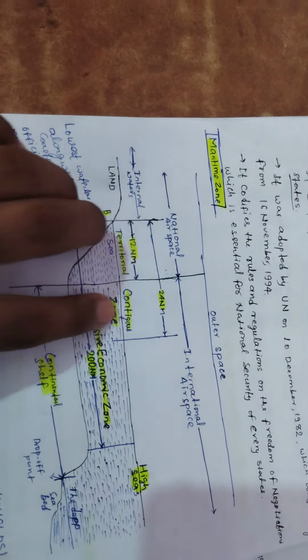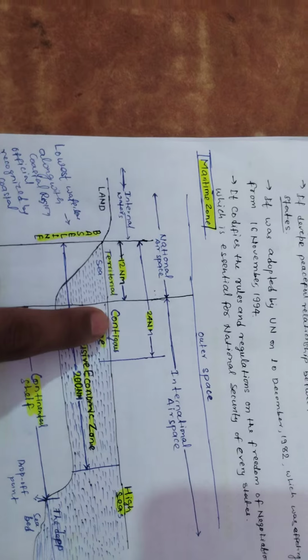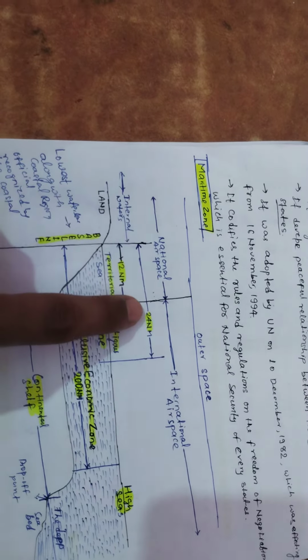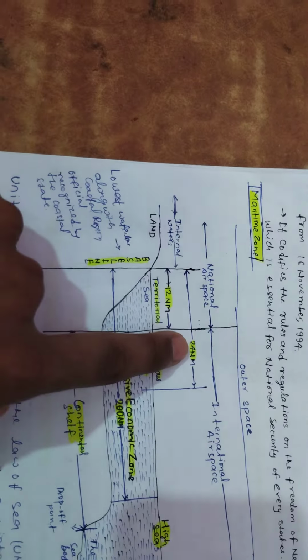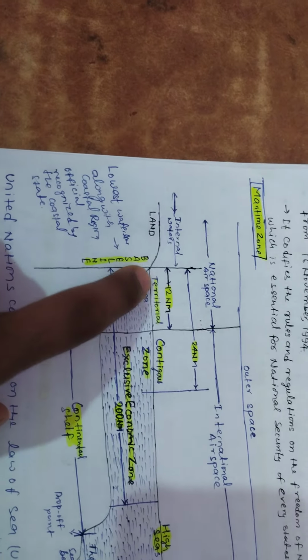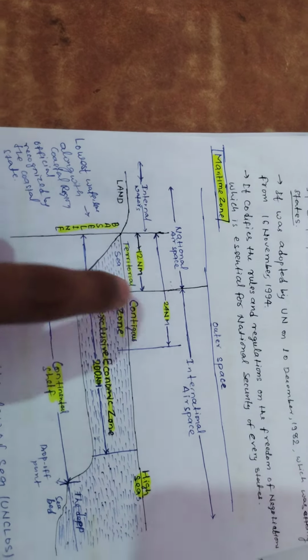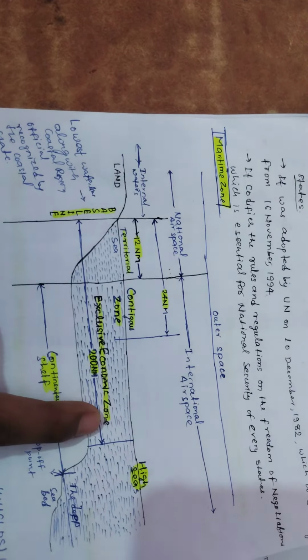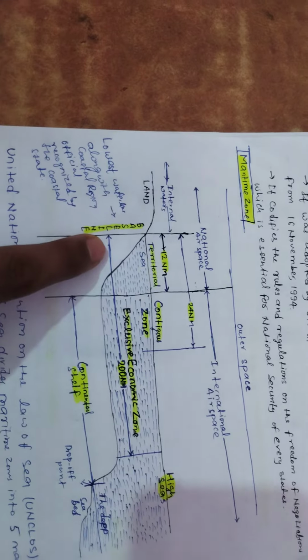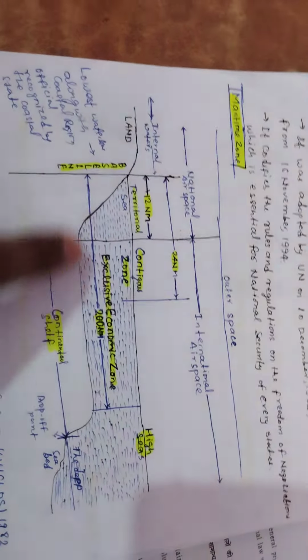Then the contiguous zone, which is asked in this question, extends to 24 nautical miles from the baseline of the coastal state. Now come to the exclusive economic zone. It extends to 200 nautical miles from the baseline.